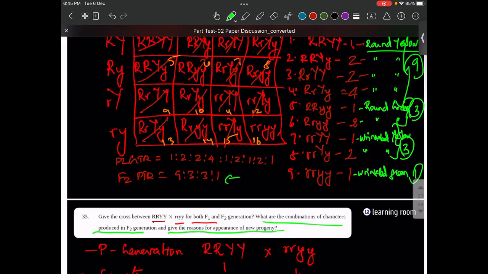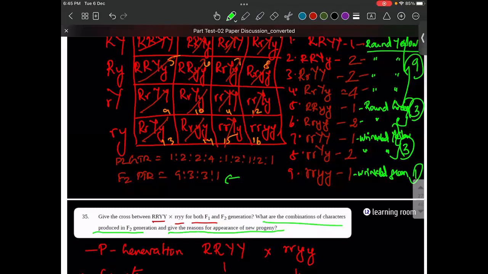You must state the law, because inheritance of two genes, alleles from the same parent, are not independent of each other. That's why there is shuffling.